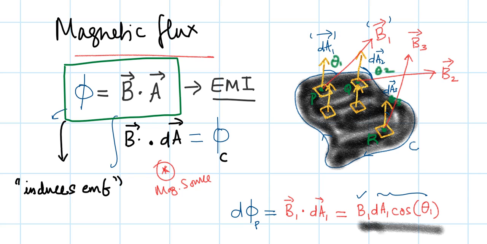So it can be either clockwise or anti-clockwise along the path. So the induced EMF depends on the flux within the region, and how fast the flux changes within the region.